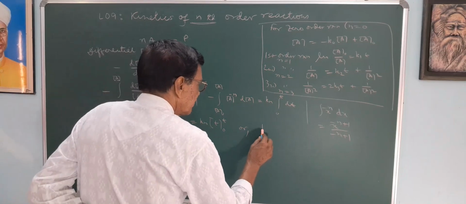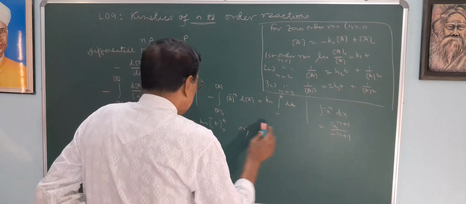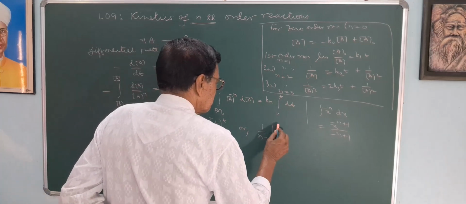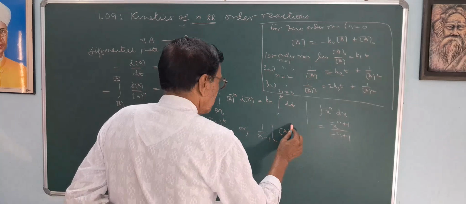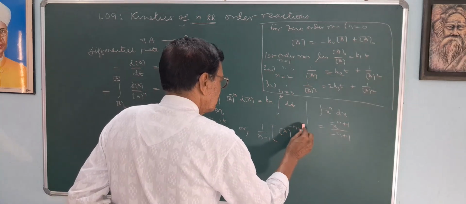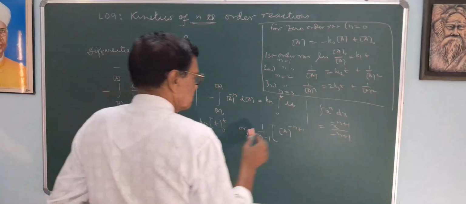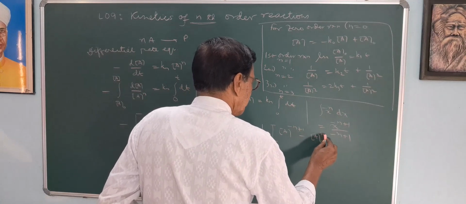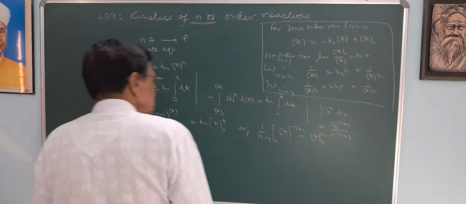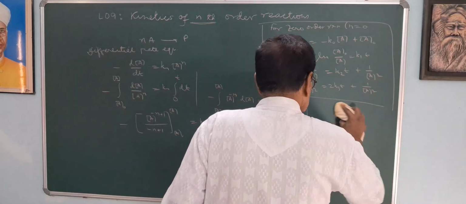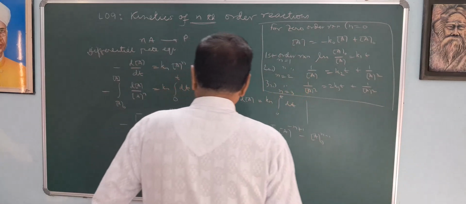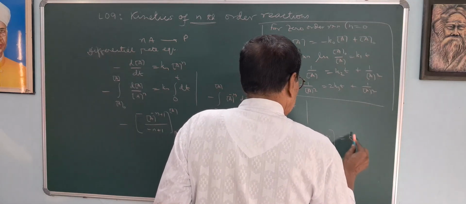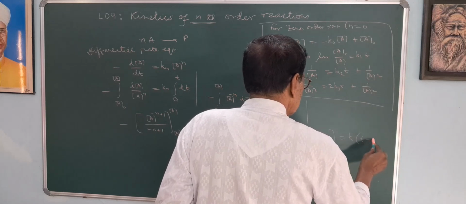So 1 by n minus 1, and putting the upper limit first, concentration of A to the power minus n plus 1 minus concentration of A0 to the power minus n plus 1, equal to Kn, here T minus 0.